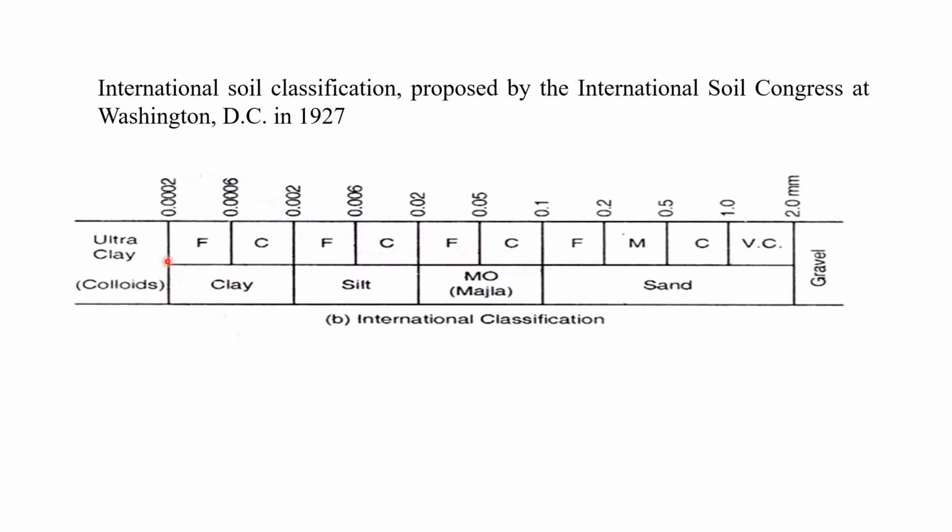Next we can see, according to size, the international classification. Here we can see the ultra clay, that means clay particles less than 0.0002 mm are called clay particles, and 0.0002 to 0.0006 is called fine clay, right, fine clay, coarse clay, and you can see the different sizes are there. 0.002 mm to 0.006 is called fine silt, and 0.006 to 0.02 mm is coarse silt.